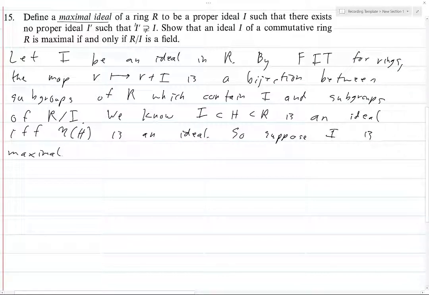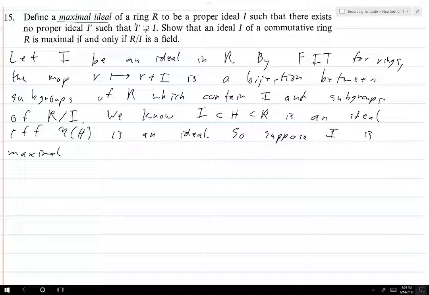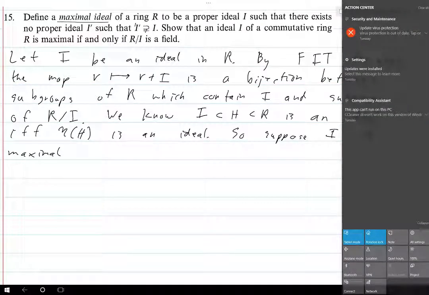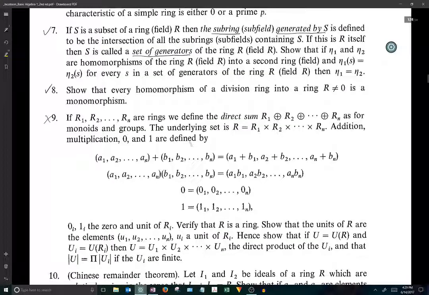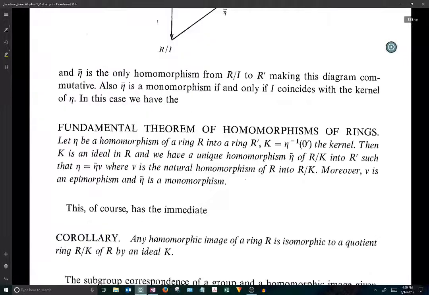Wait a minute. Bijection between subgroups of R which contain I? Or subgroups? Should these be ideals here? Give me a second. I'm going to check this real quick. Fundamental theorem for homomorphisms.